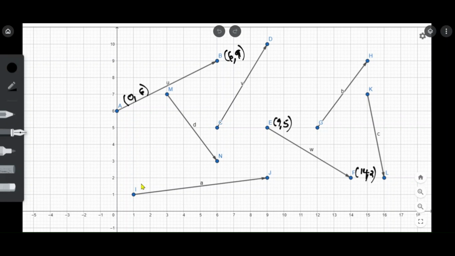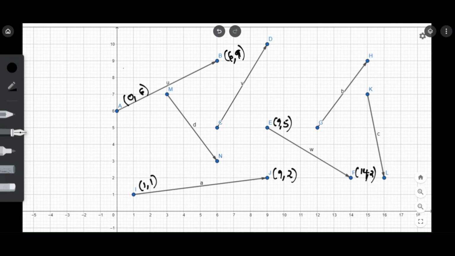The coordinate of this one is 1 and 1, and the coordinates of this one is 9 and 2. So 1 1 9 2.